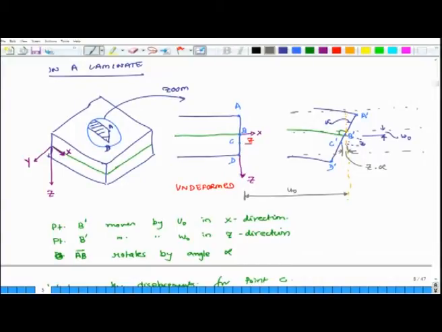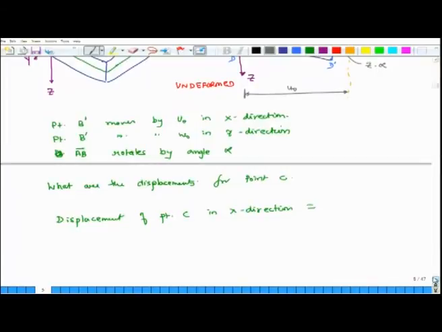So, if you compute, it will actually be z times sine of alpha, and sine of alpha is the same as alpha. So, it works out to z times alpha. So, the total displacement of point C is u naught minus z times alpha.